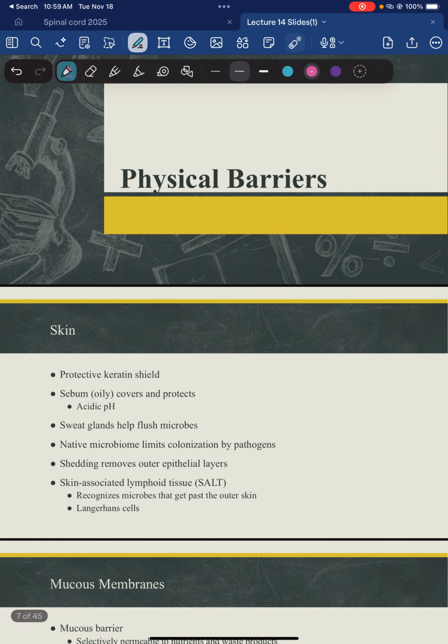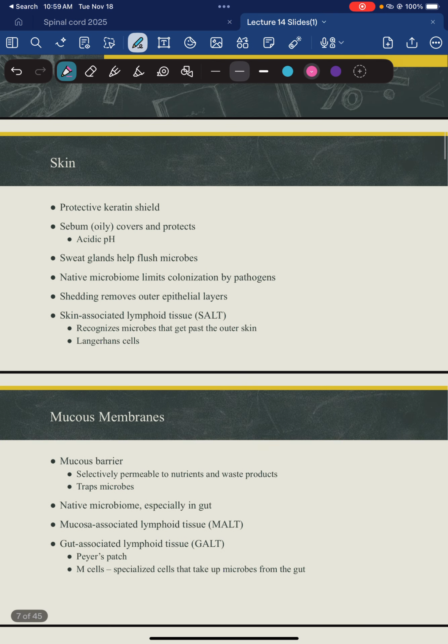So first and foremost, most obvious physical barrier is going to be our skin. And it's more than just our skin is there and its keratinized cells and it's waterproof and things can't get through it very easily. It's all the other parts of the skin that we've talked about as well. We have oils on our skin. These oils contain fatty acids, which lower the pH on our skin.